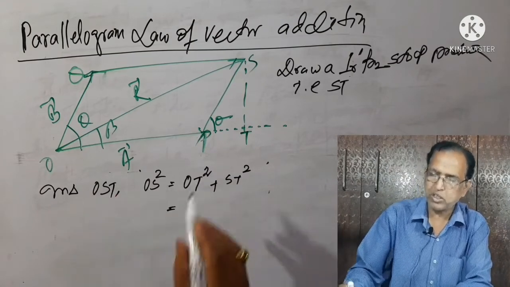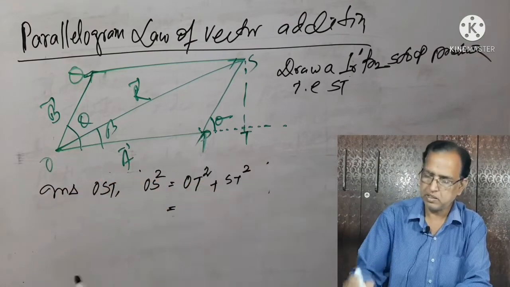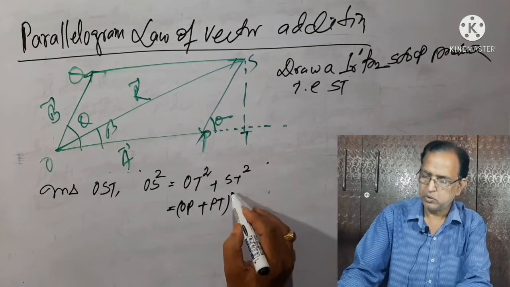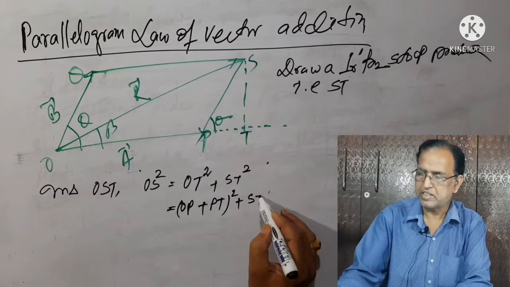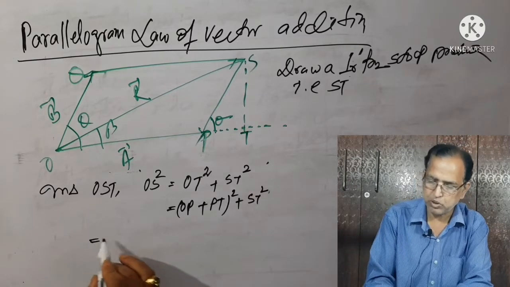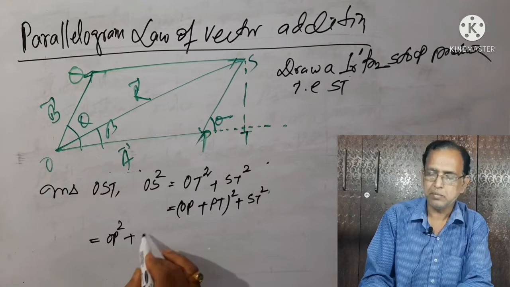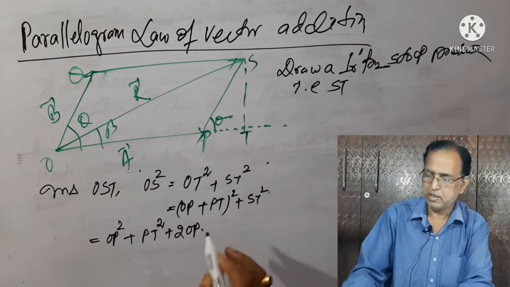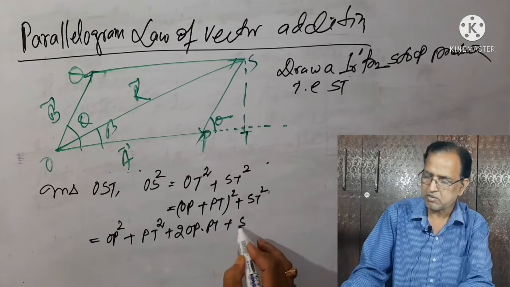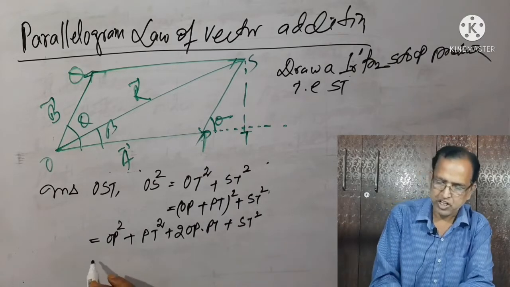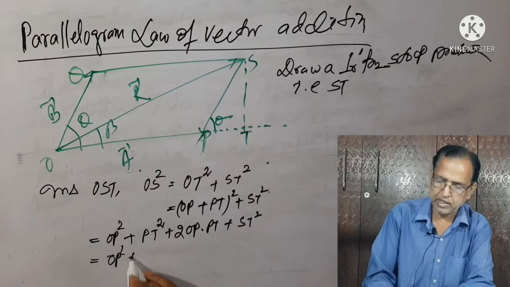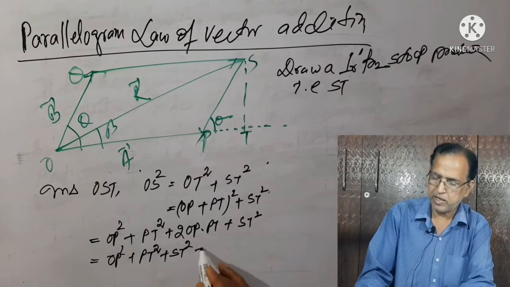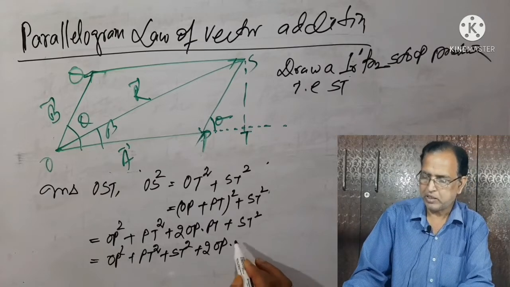OT means OP plus PT, so OS square is equal to OP plus PT whole square plus ST square, which is OP square plus PT square plus 2 OP into PT plus ST square.